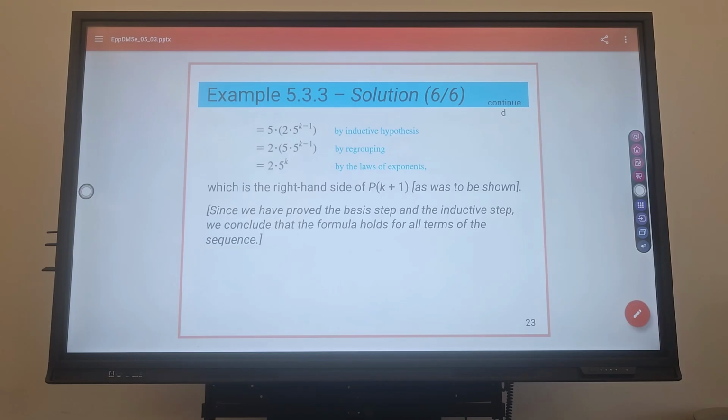By inductive hypothesis, you can substitute and then regroup, and then 2 times 5 to the k, which is the right side of P of k plus 1. Since we proved the basis step and the inductive step, we conclude the formula holds for all terms of the sequence.